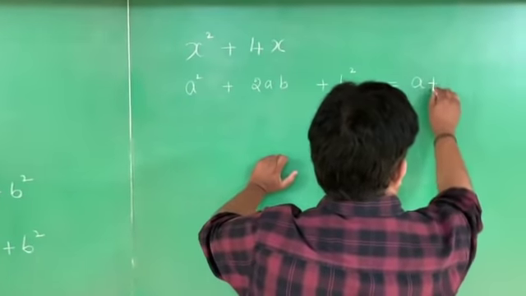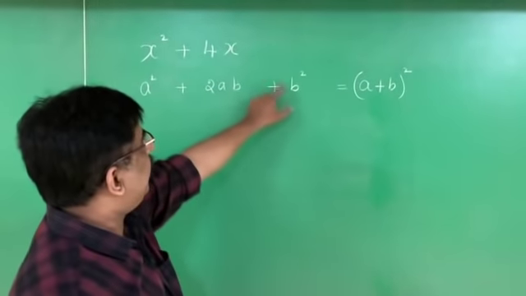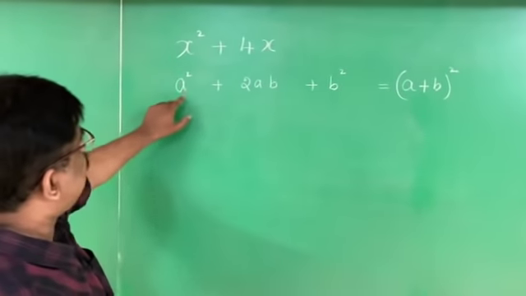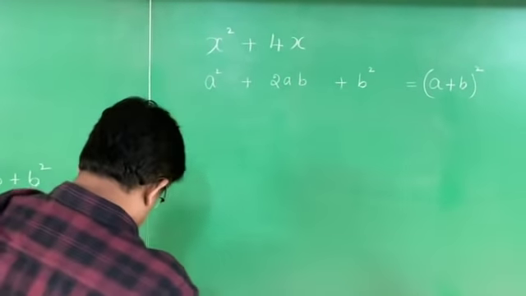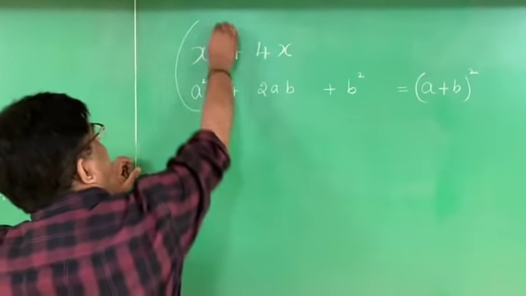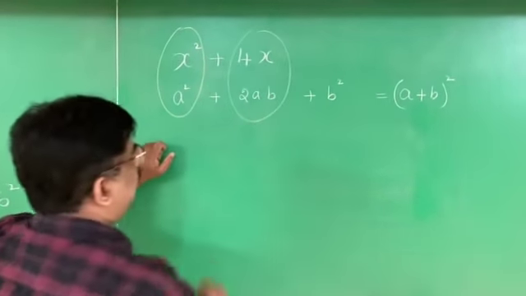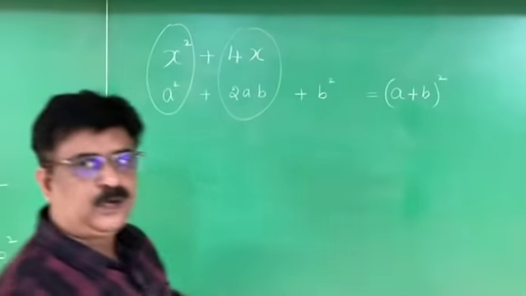What you have to add is b square. a square is x square. Try to understand. 4x is 2ab. Then what is b square? You have to guess.